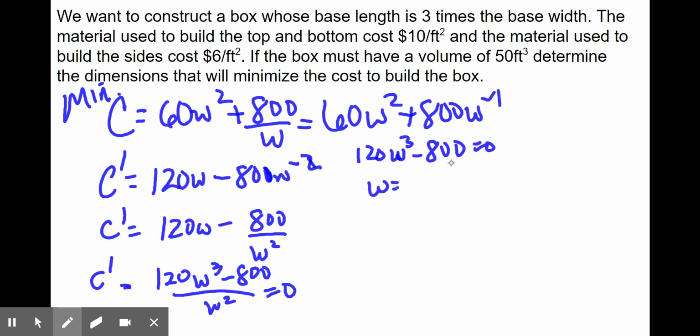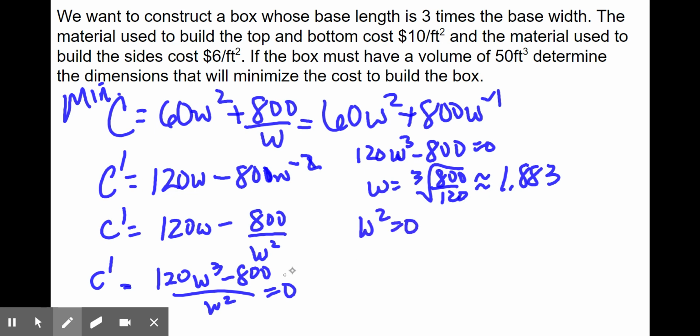So W will be equal to the cube root of 800 over 120, which is about 1.883. Okay, now my other critical number is when W squared is equal to 0, because the bottom can be 0, W equals 0.